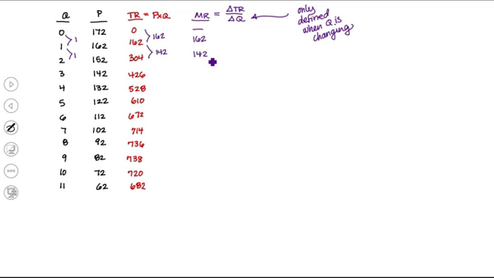Let's do one more. When we go from 2 to 3, we change output by 1. Total revenue has changed by 122. So I want you to take a moment and calculate the rest of your marginal revenues. I want to see everybody working.